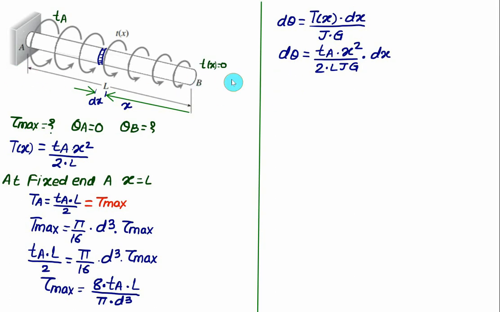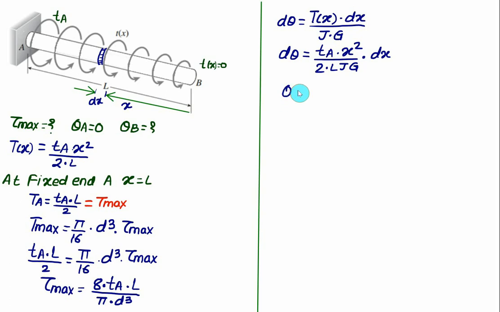Theta at A will be equal to 0. So again you have to integrate this equation over the entire length from 0 to L, and we can calculate the value of theta B. Out of that, Ta divided by 2LJG is a constant value, only the variable is x square.